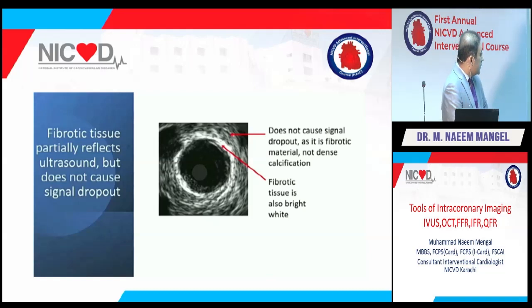But if you can appreciate the tissue or structures beyond this white line, it means it's not calcium, it's fibrosis. When you're not able to see anything beyond, it means there is a calcium spur. Most probably this area is calcium, where you cannot see anything beyond it because of reverberation effects. And this is a fibrotic lesion that is surrounding the whole lumen of the vessel.